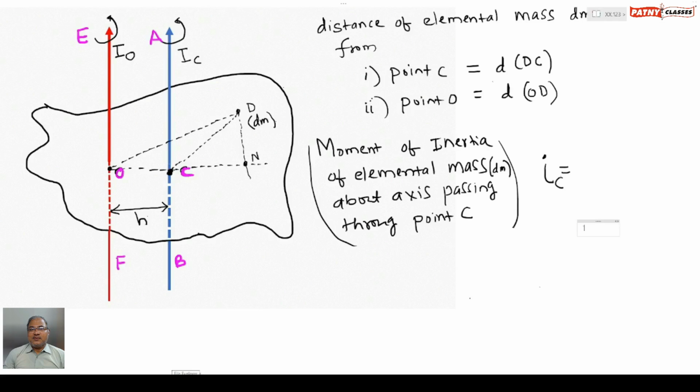Now moment of inertia of elemental mass dm about the axis passing through the point C, denoted by small I with suffix C, IC, equals the mass present at D, that is dm, and the square of distance DC squared, because moment of inertia is nothing but mass multiplied by distance squared.